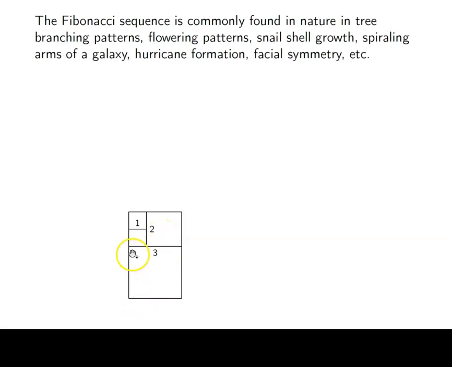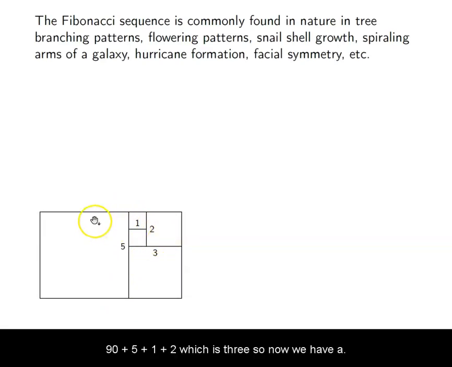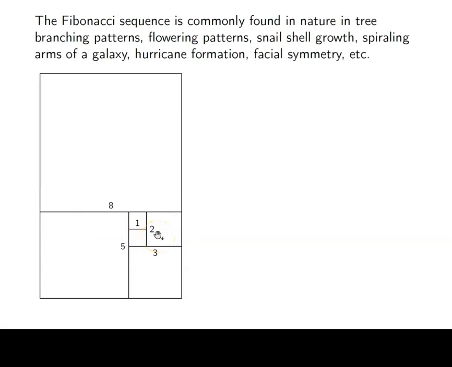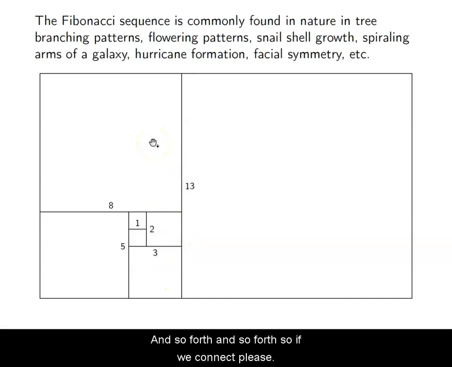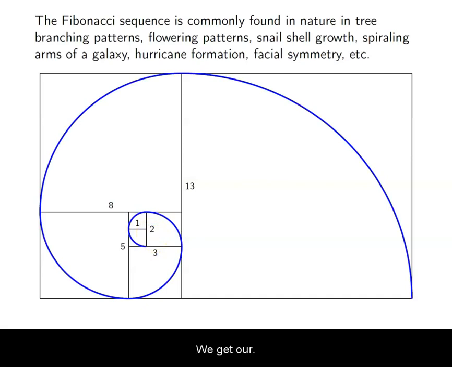Now this is 3 and 2, so that's a 5 unit square. So we'll attach a 5 by 5. Now we have 5 plus 1 plus 2, which is 3. So now we have 8. Now we have 5 and 8, which is 13, and so forth. So if we connect these corners with a spiral, we get our Fibonacci sequence, right?